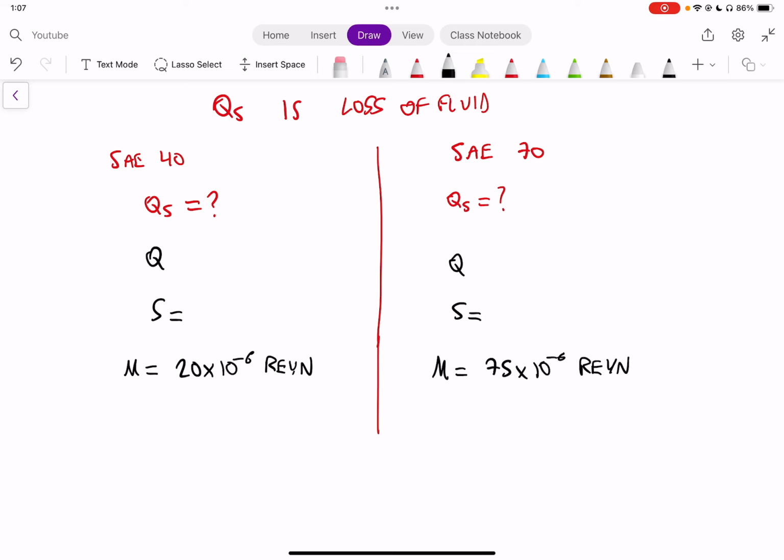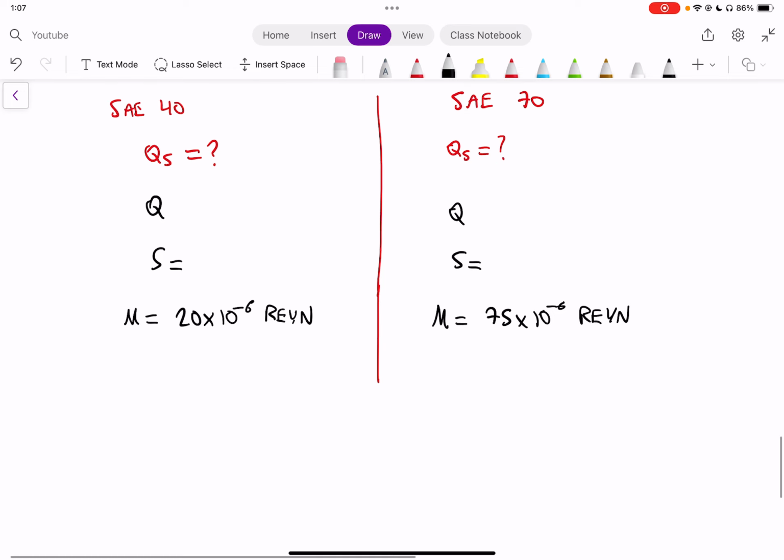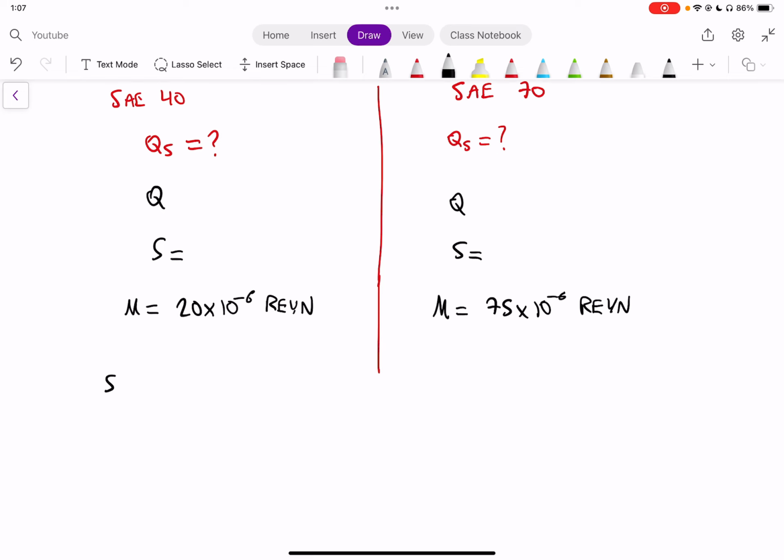Now, based on this, I can find my Sommerfeld number. My Sommerfeld number is going to be equal to 625 squared times 20 times 10 to the minus 6 times 18.67 from the previous problem, divided by 396.8.